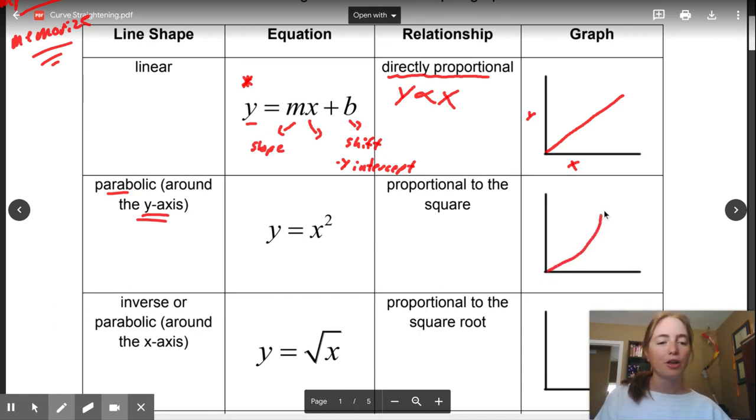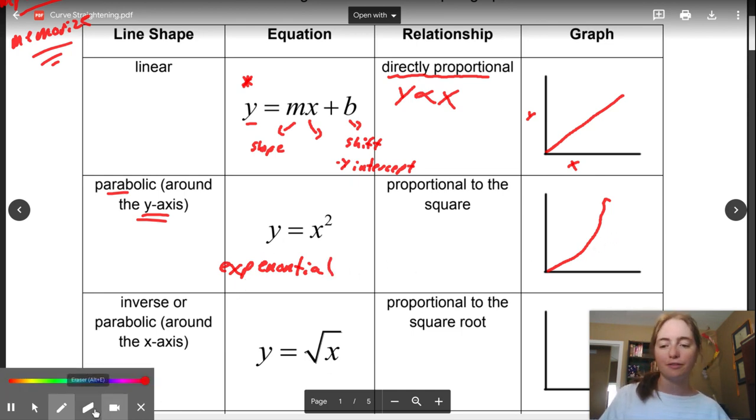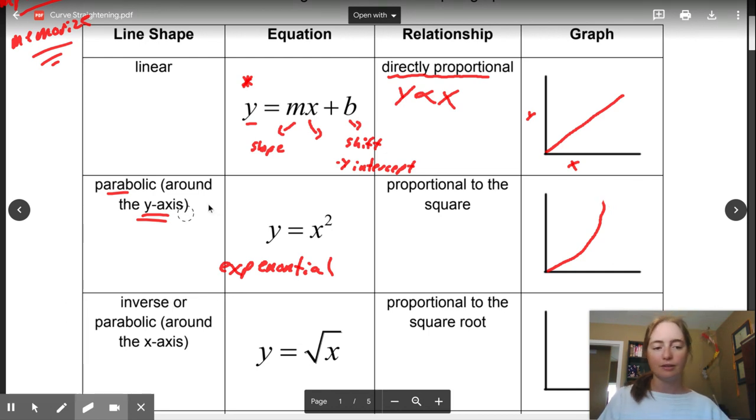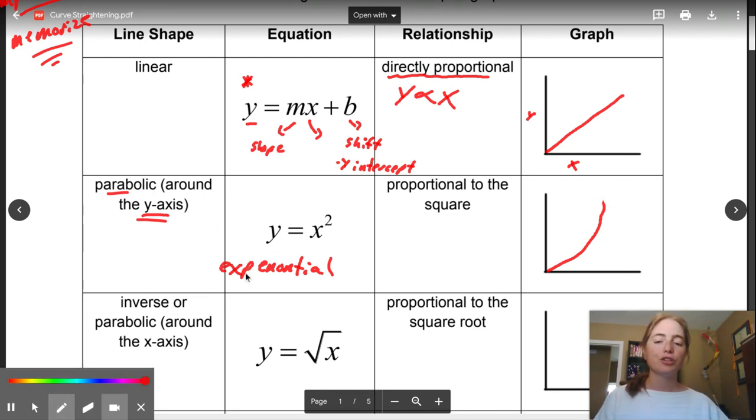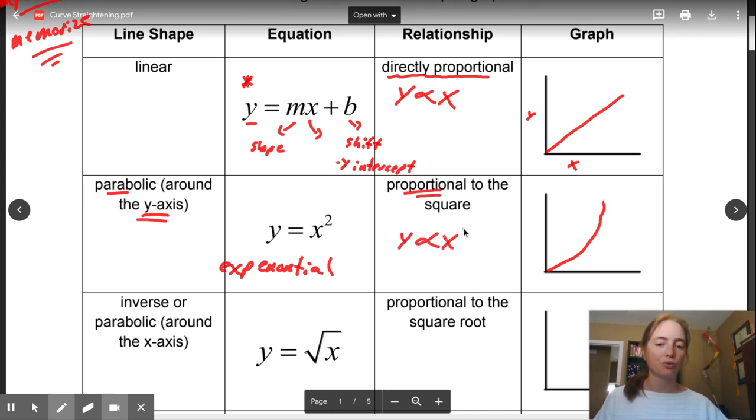This is where you are going to see an exponential pattern, exponential growth. The graph should not have the squiggly bit at the end. So in this case, it is proportional to the square. You could write that as y is proportional to x squared.